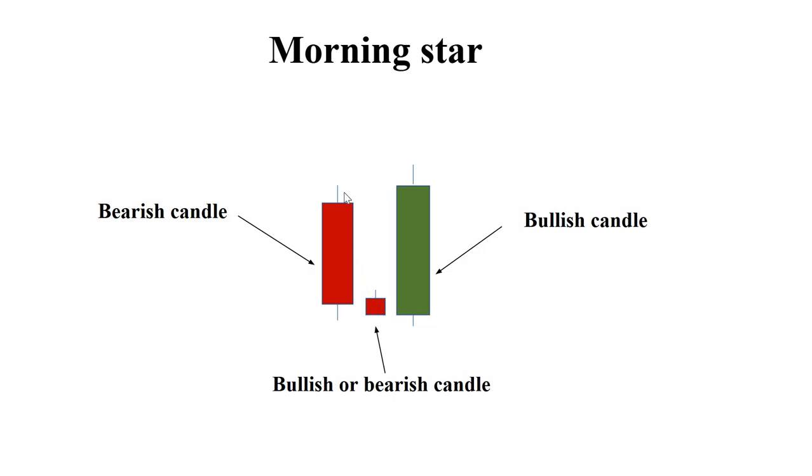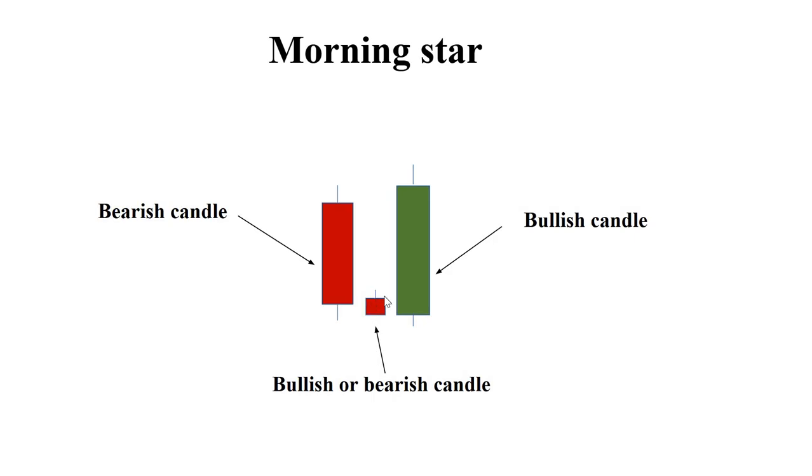So you have the first candle, which is a strong selling pressure, a bearish candle, which tells us clearly that the bears are in control of the market. They are pushing price all the way down. After the close of the bearish candle, the next candle that will form is an indecision candle, which tells us that the sellers, the bears, are losing their momentum of pushing the price downward further.